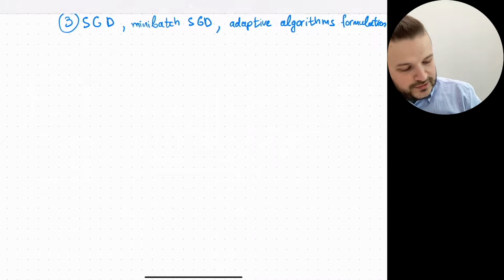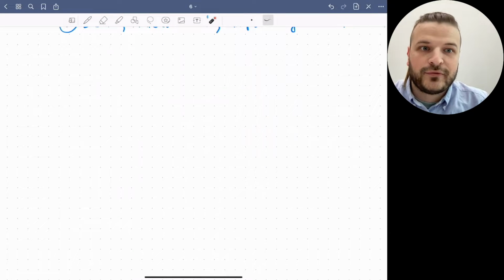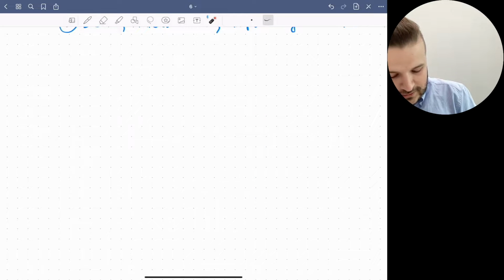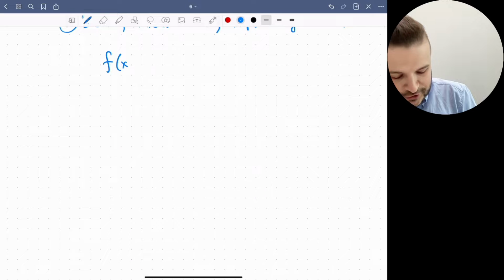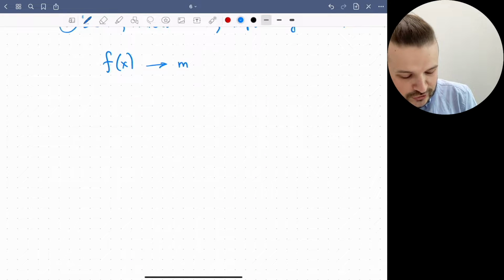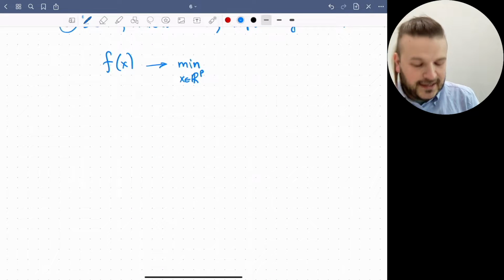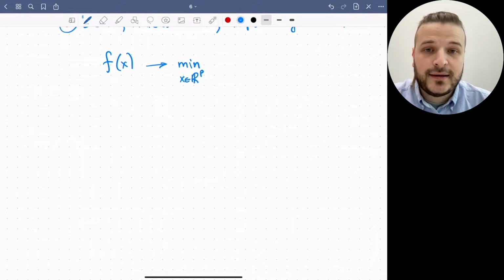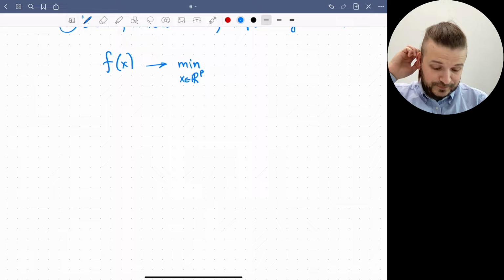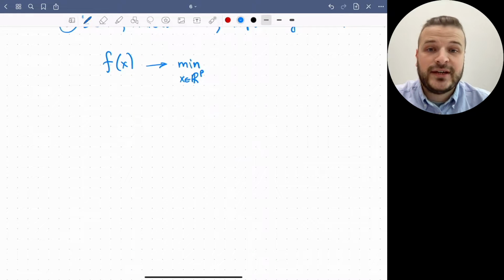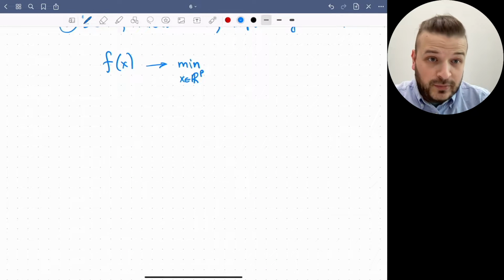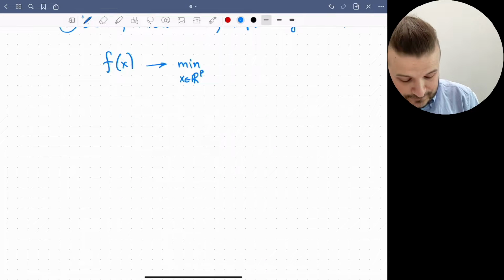We're going to start with the problem formulation first. The typical problem which we are trying to solve in optimization is this. For example, let's say x from the p-dimensional Euclidean space, and we have some function f which has to be minimized.